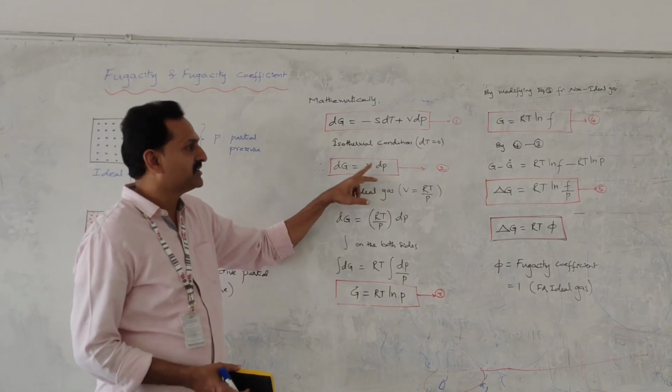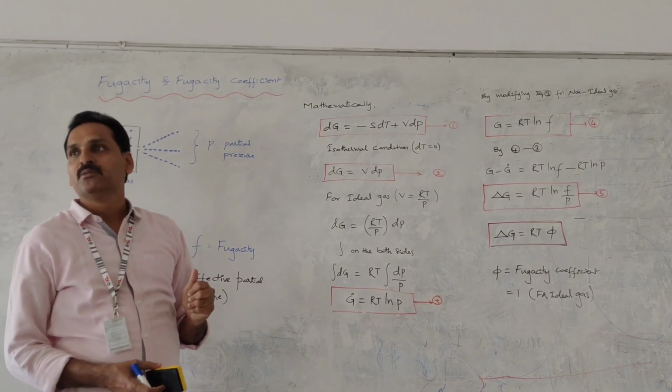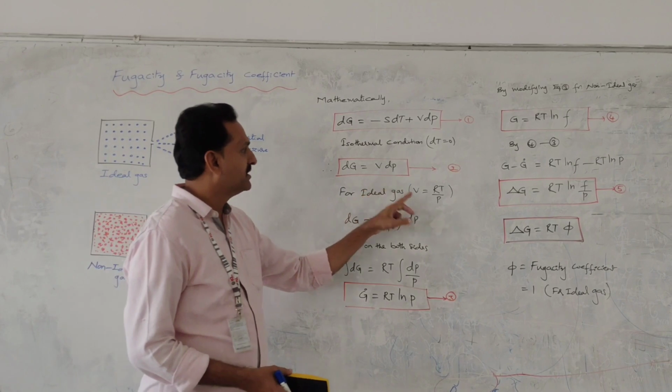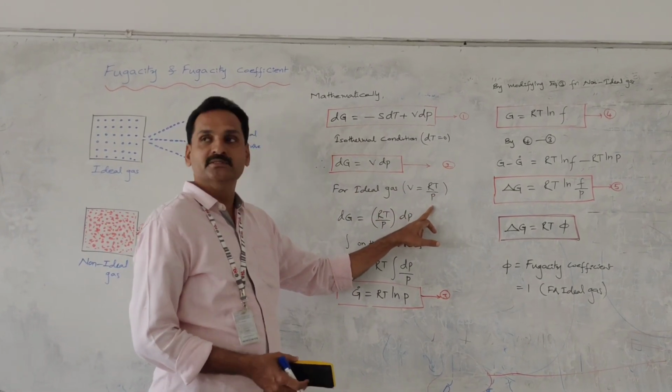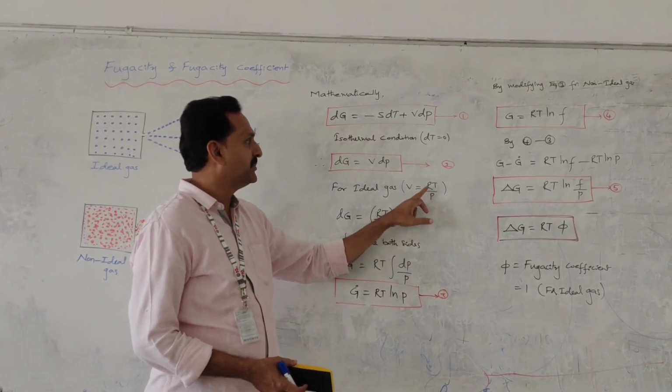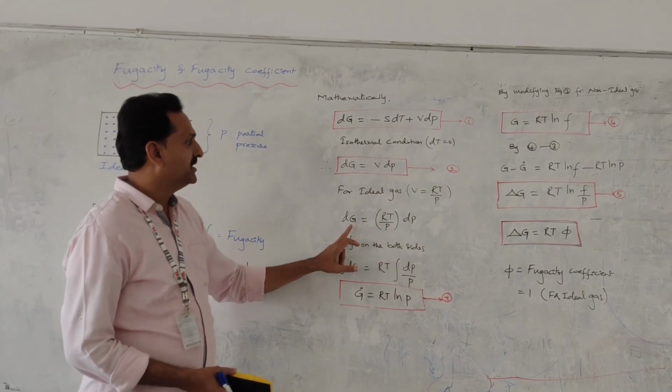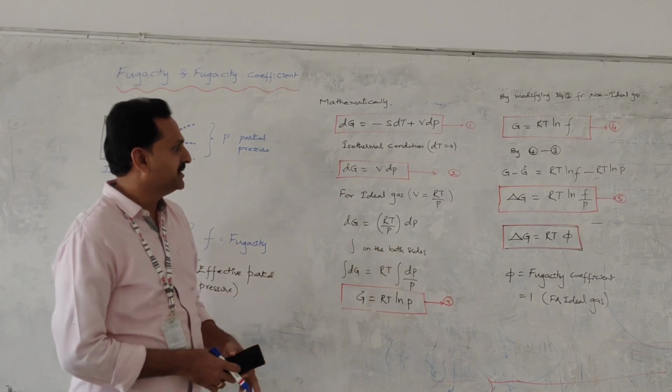If we apply this equation 2 for ideal gases, PV equals nRT, with n equal to 1 mole, then V equals RT by P. Substituting V equals RT by P in equation 2, we get dG equals RT by P into dP.